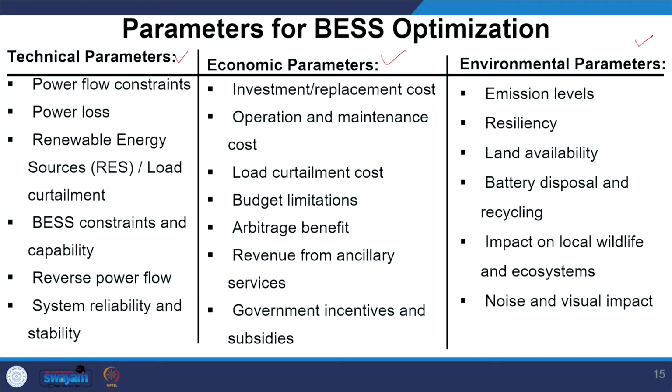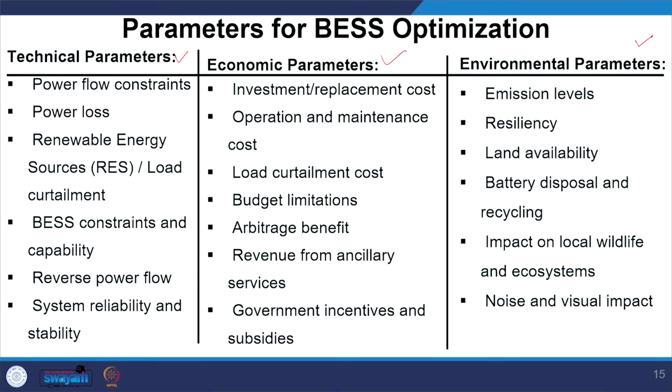That means you have a battery, you have a load. Now let's say you install a battery of huge size, which is 10 times more than the load. Probably when that battery energy discharges, it must go back to your substation, which is quite challenging. And then system reliability and stability. So these are the technical parameters one has to focus on before going for battery technologies.